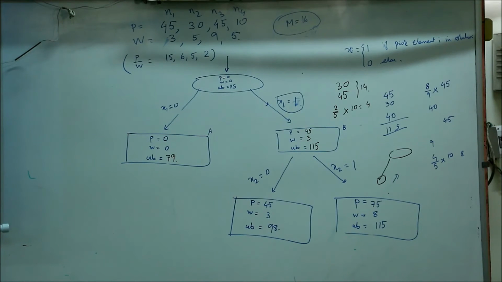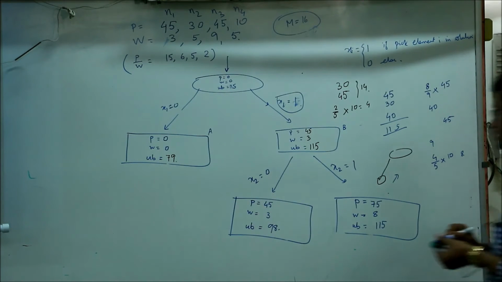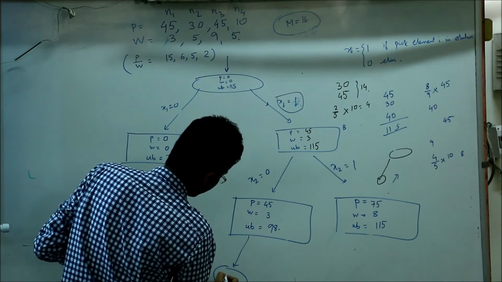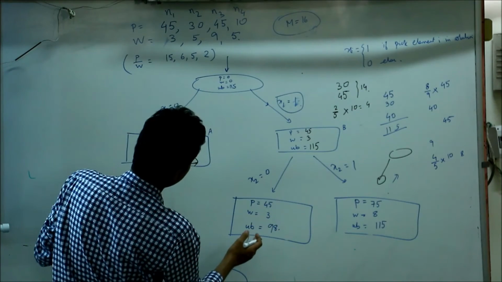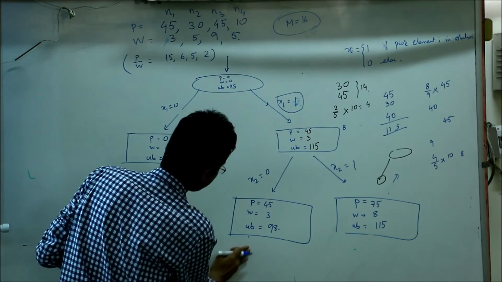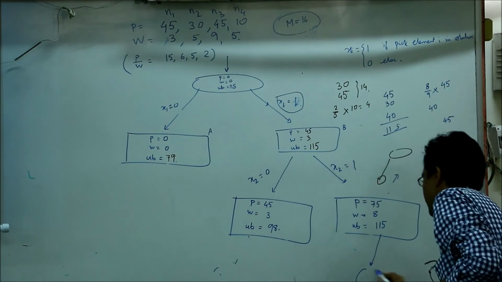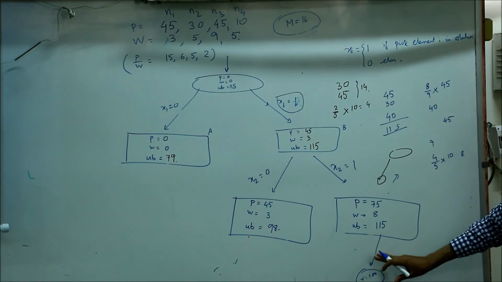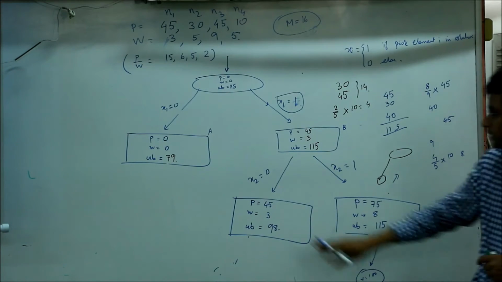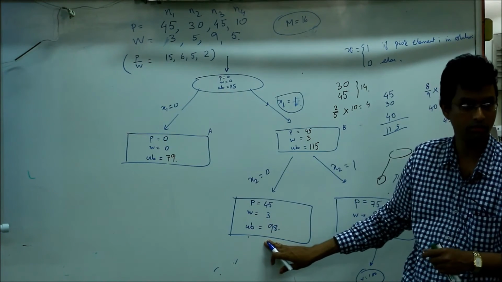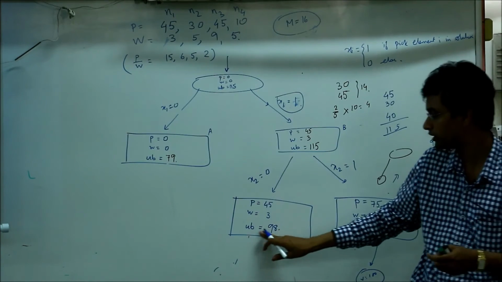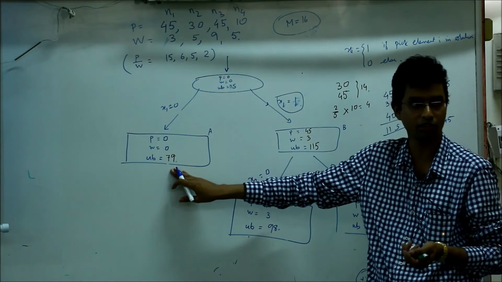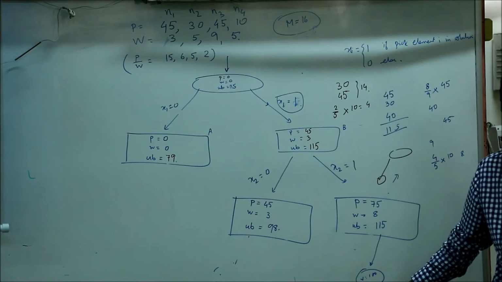The other option is that suppose somehow, from here I get a value which is, say, 100 from this path. Then there is no point exploring these paths, because the value which they can offer me is at most 98, and the value which this can offer me is at most 79, which is less than 100.